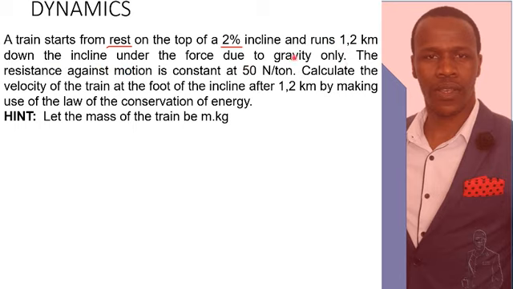So that means Ft is not there. The resistance against motion is constant at 50 Newton per ton. Now we are familiar with this. Calculate the velocity of the train at the foot of the incline after 1.2 kilometers.